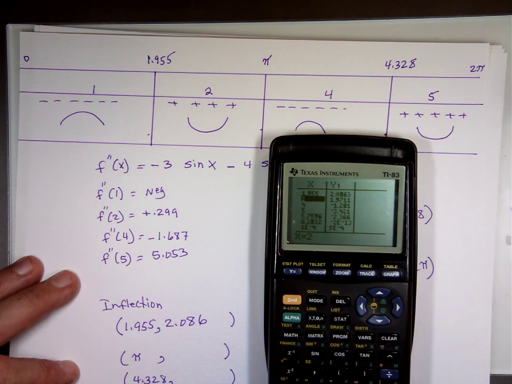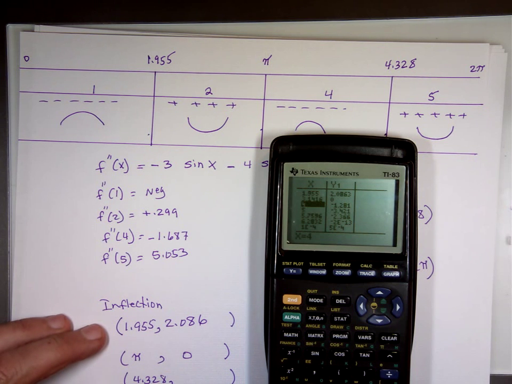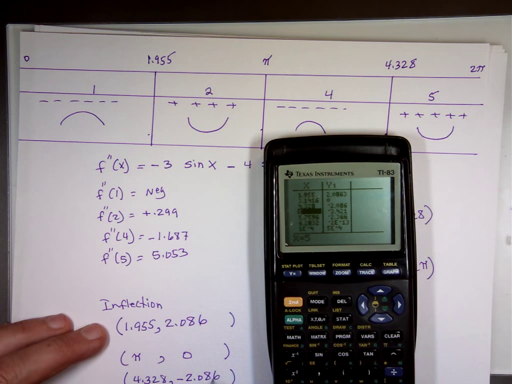When x is pi, they probably want you to write 3.14, whatever pi is. I'll just use pi here. When x is pi, 3.1416, the y value is 0. When x is 4.328, what is the y value? Negative 2.086. So these are my inflection points.